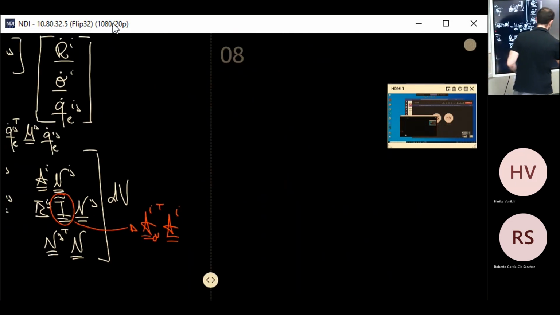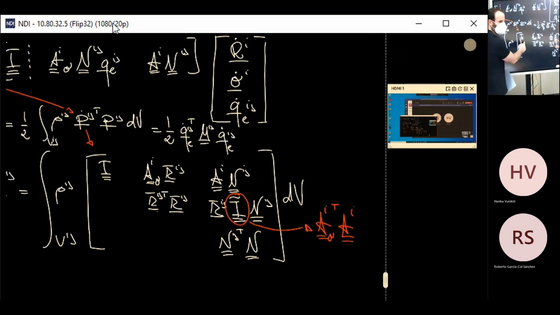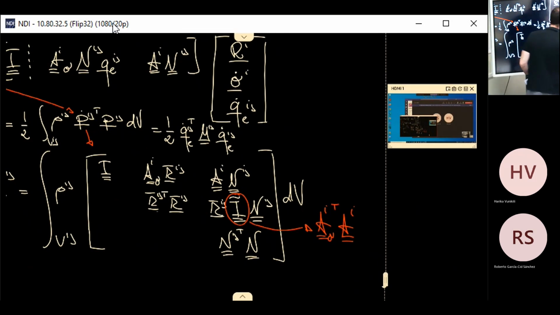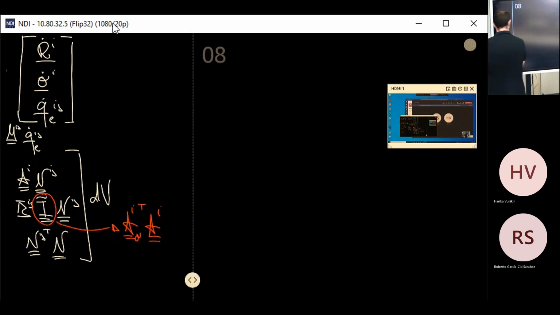So again, I will not repeat it, but okay, this is RR, R theta, RF, M theta theta, and so on. Okay, so if you want, I can rewrite it.